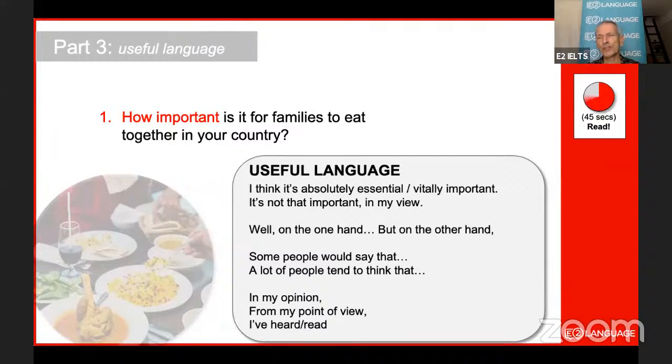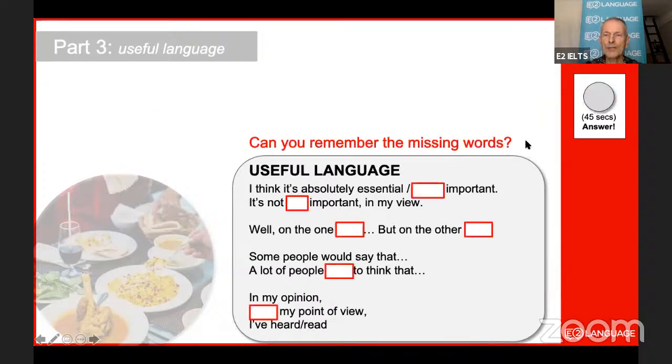So this is just a little selection. Clearly, there's lots of other things you could use to start off to give your opinion. All right. Okay, here's your test. What are the words that go in the boxes?